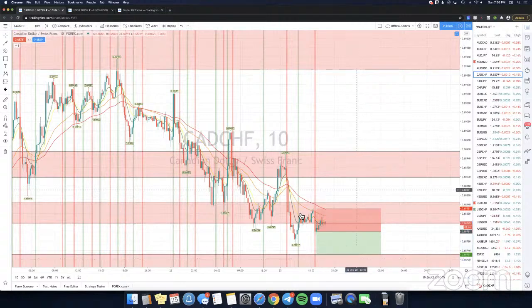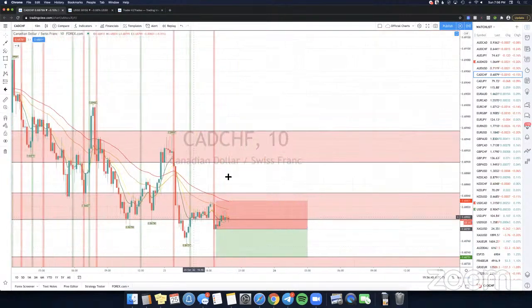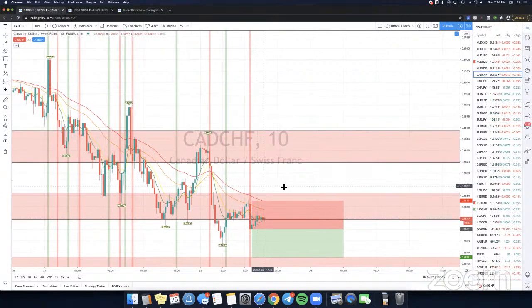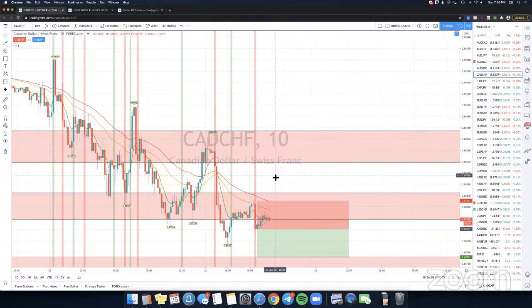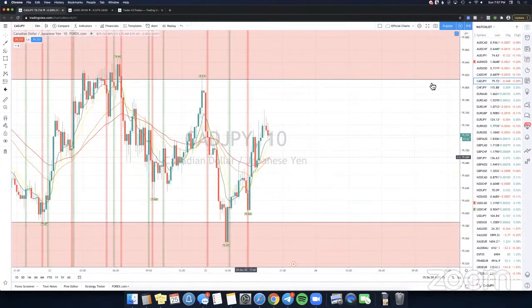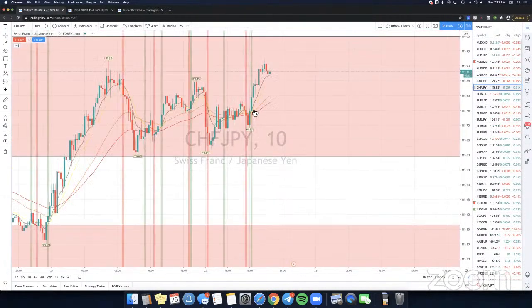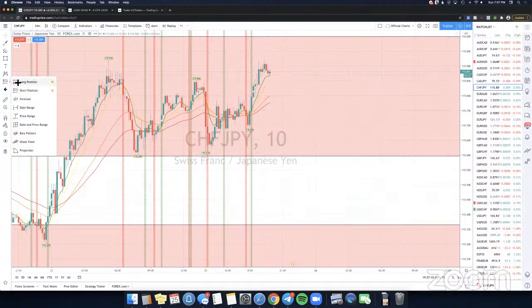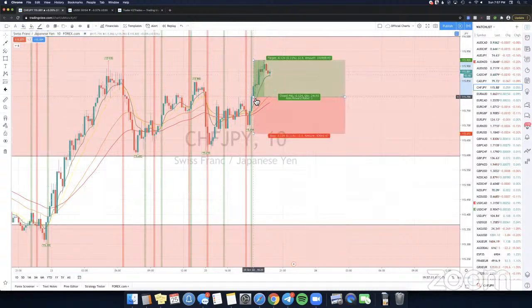So this would be a pivot entry, a scalp pivot entry, if you had a good broker that had a tight spread. Spread right now is 3.2 for CAD CHF, so I wouldn't take this trade, even though this is a valid entry right here. CAD JPY, there's nothing there. CHF JPY, there was a scalp entry right here, about an hour ago, but I didn't take it because I was in this webinar with you, so obviously I didn't take it.